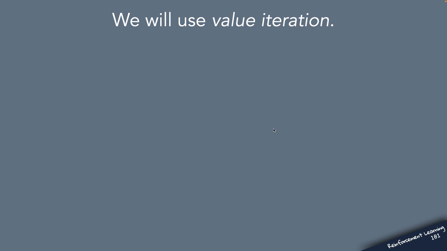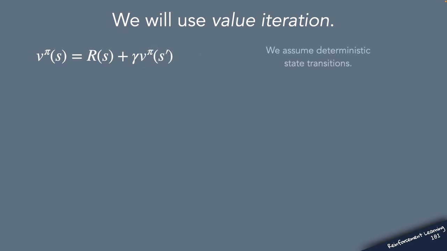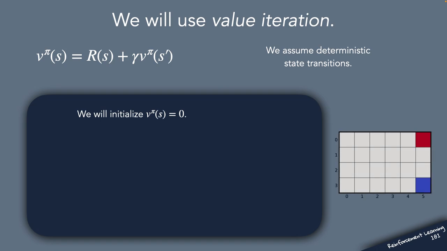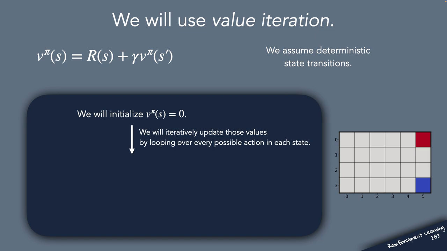We will use an algorithm called value iteration. We'll use our Bellman equation, but to keep things simple, we are still going to assume that all state transitions are deterministic, so we don't use the state transition probabilities. And here's the algorithm. We're going to initialize the value function matrix to zeros, and we are now going to iteratively update values in that matrix with the Bellman equation.